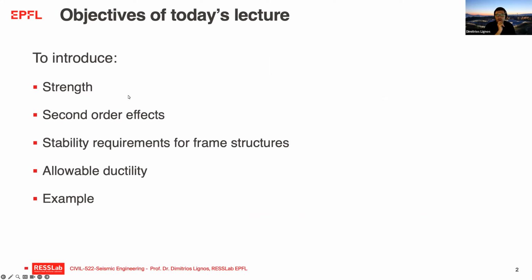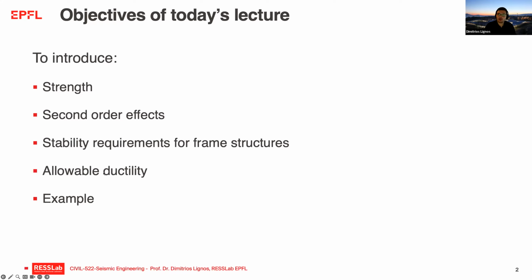The objective of today's lecture will be to introduce some basic strength requirements that you are all aware of. I'm not going to stay on this too much. Then I'm going to go into what we call second order effects and how we tackle those to ensure stability for frame structures in particular, because these effects are important for these types of structures.